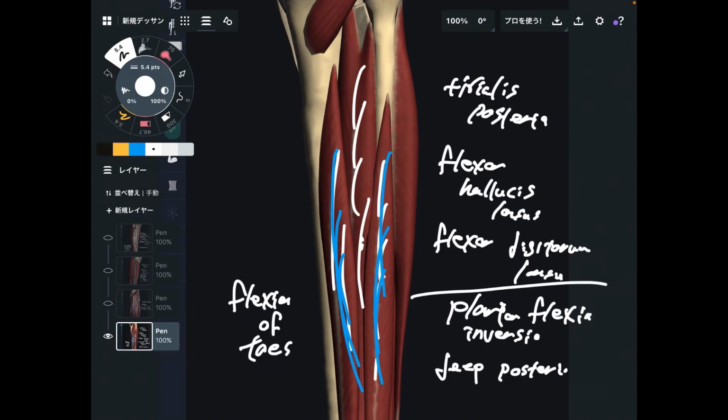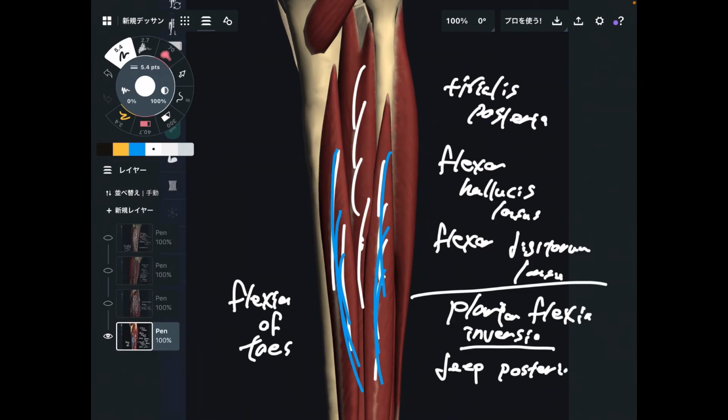That's opposite from anterior compartment, right? What is function of extensor hallucis longus and extensor digitorum longus? That's extension of toes. Flexor hallucis longus and flexor digitorum longus do flexion of toes. Then they do inversion, right?